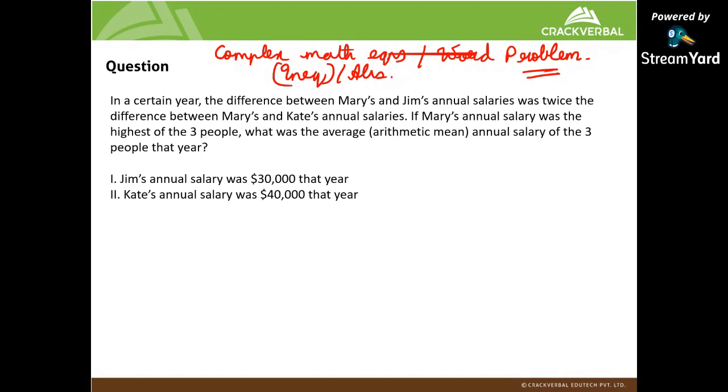It's a very simple one, right? It's just that the question is longer than the solution to it, right? That's how it is.